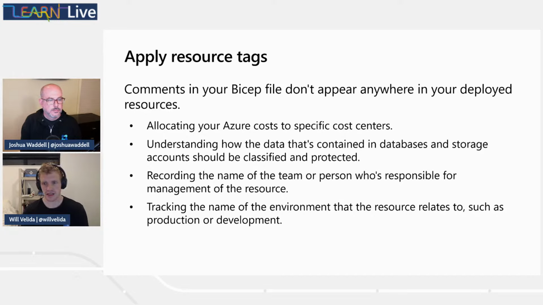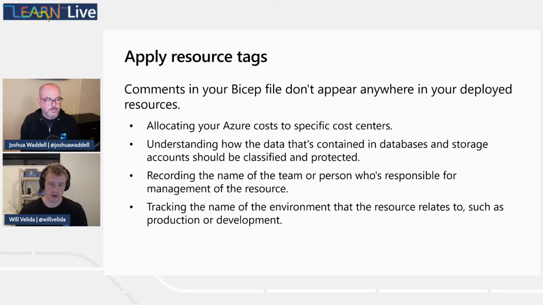Understanding how the data contained in our databases and storage accounts should be classified and protected, particularly if you're working with complex privacy or highly regulated scenarios, can be really beneficial using resource tags. Recording the name of the team or person who's responsible for the management of the resource.